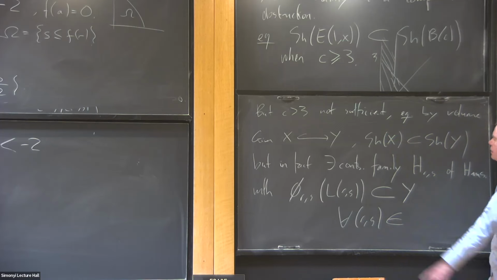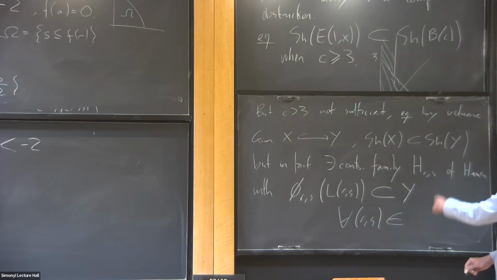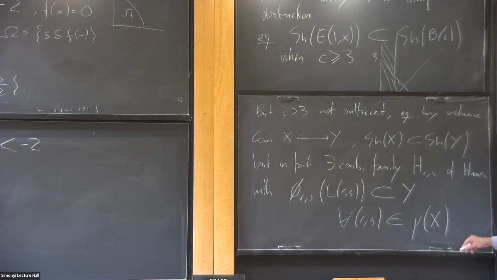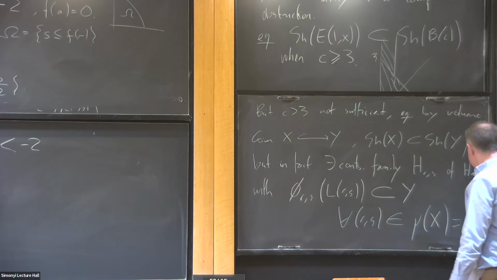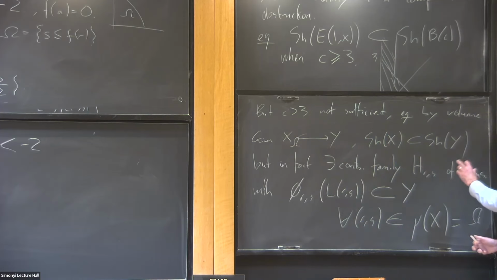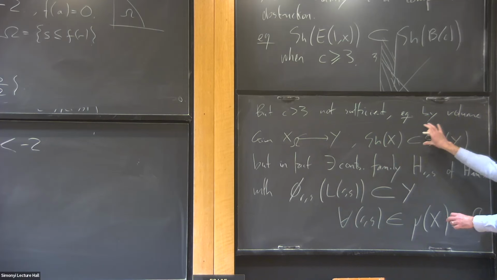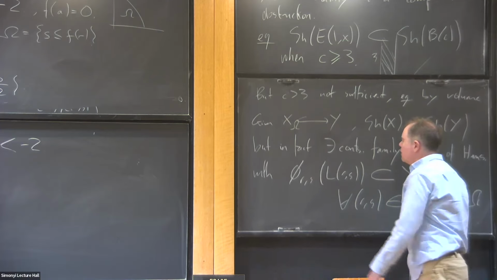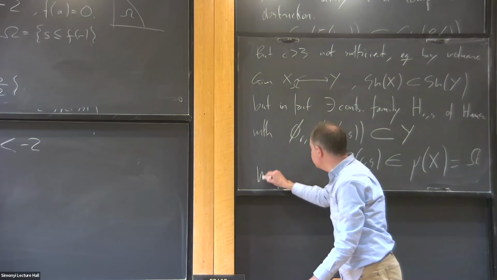Actually, I'm talking about toric, at least for all r contained in the moment image of X, with its omega. Which is somehow more information than just saying that the shape of this is contained in the shape of this.